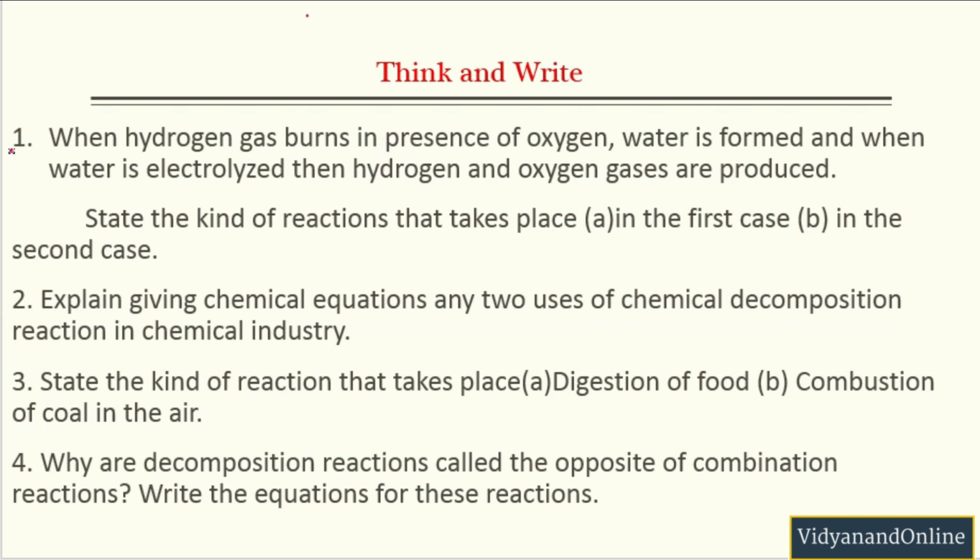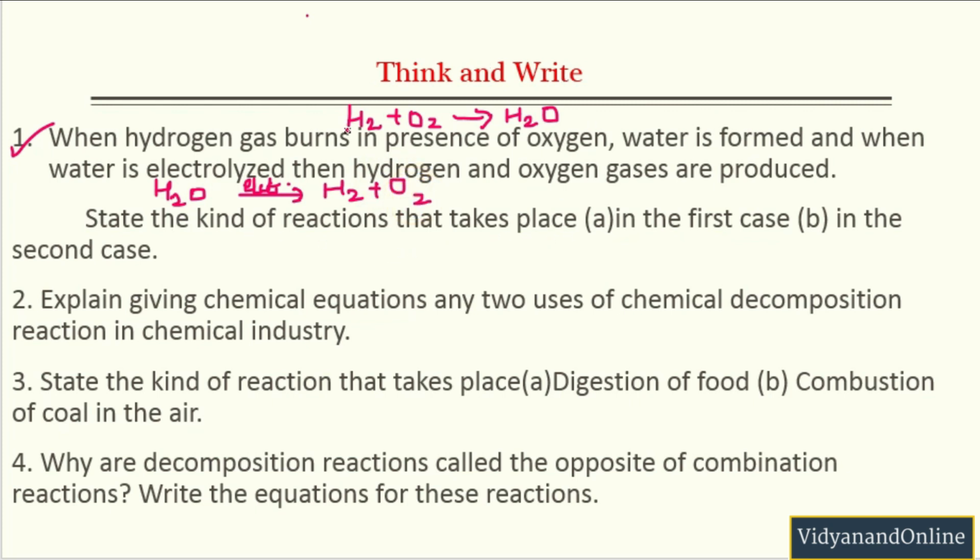Okay, the first question is, when hydrogen gas burns in presence of oxygen, so it means H2 plus O2, okay, so water is formed, H2O, and when water is electrolyzed, it means electricity is passed, then hydrogen and oxygen gases are produced. So state the kind of reactions that take place.